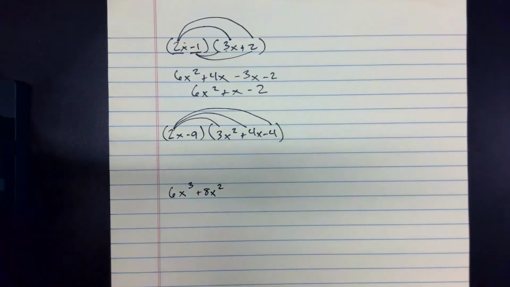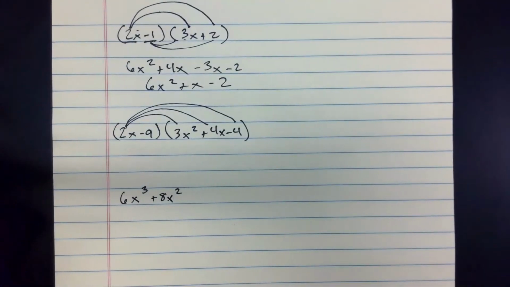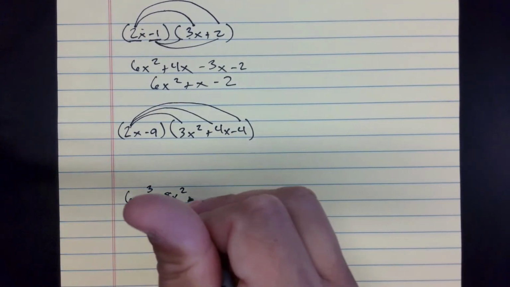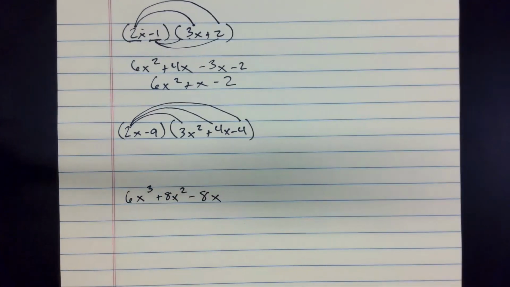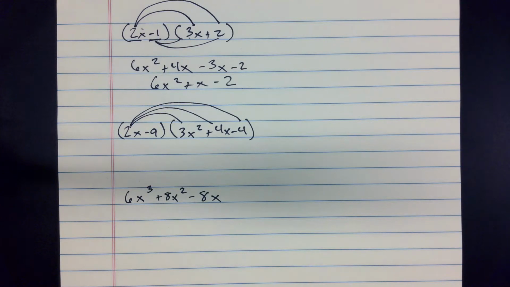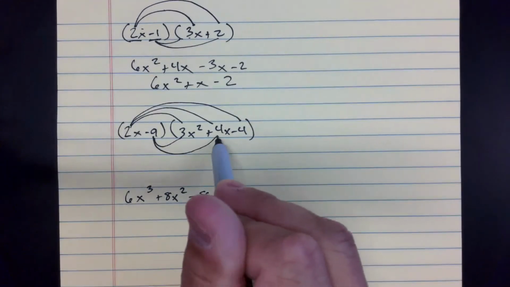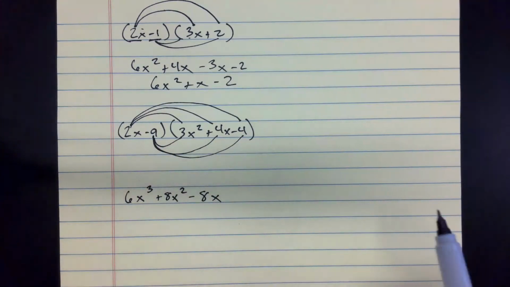Here, I'm going to scroll that. 2x times negative 4 is negative 8x. So that's the first distribution, right? We distribute the first number to all 3 terms afterward. The second distribution is we're going to take the second term and distribute it to all 3 terms after it.